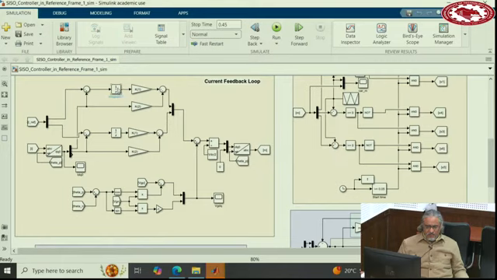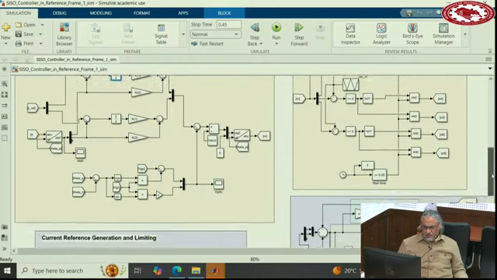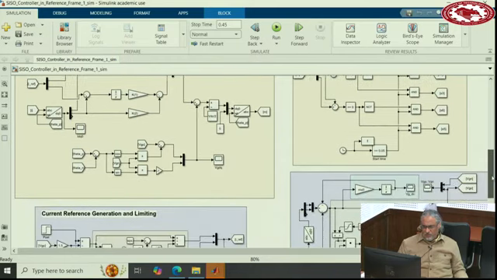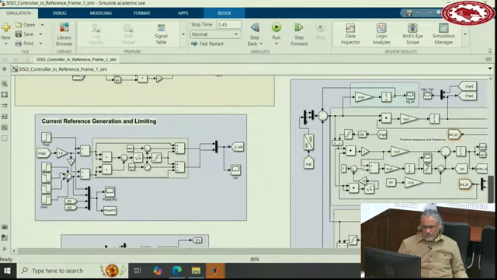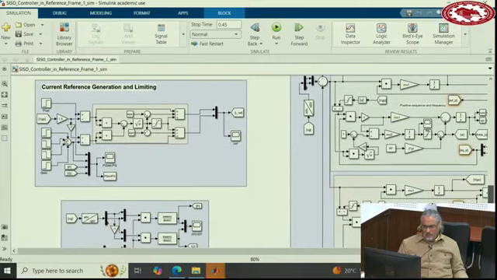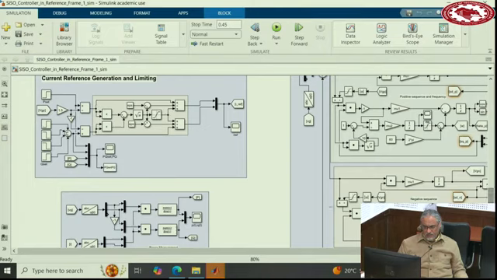And here we don't have resonant, we only have integrating. So one for D, one for Q, right? Then bring it here. Feed forward terms. Current reference generation and limiting is done here in DQ.